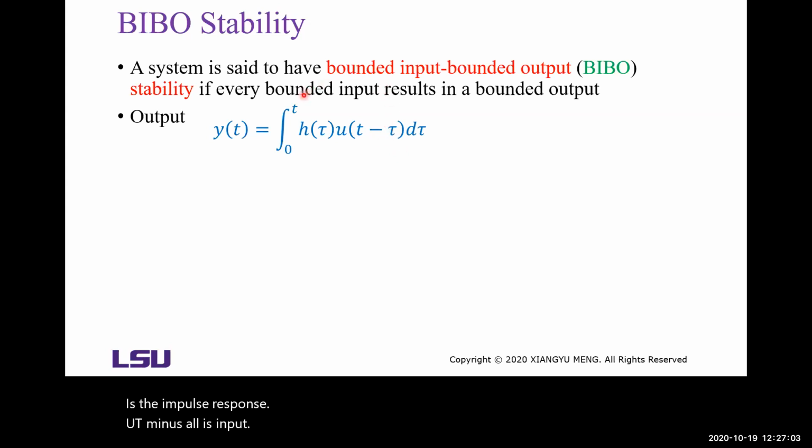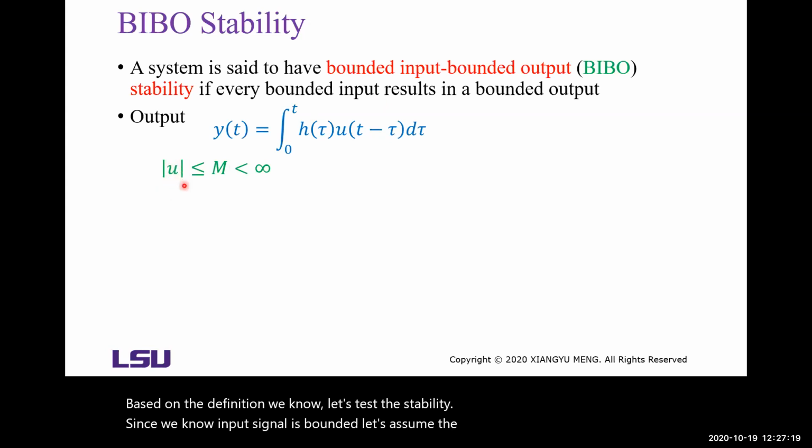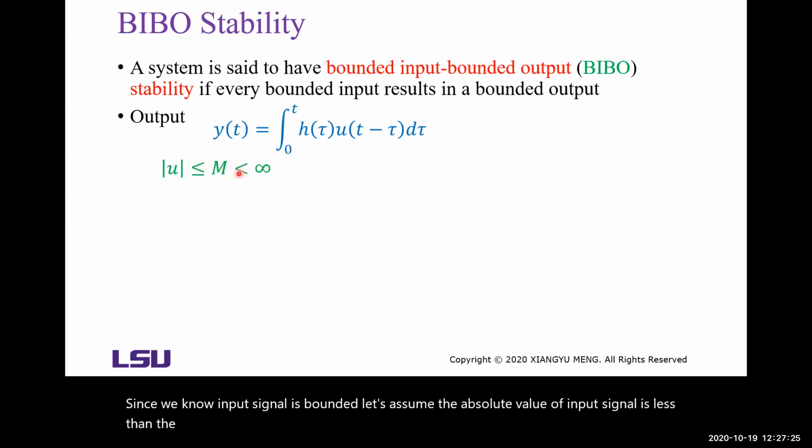Based on the definition, let's test the stability. Since the input signal is bounded, let's assume the absolute value of the input signal is less than a constant M, which is less than infinity. Therefore, the input signal is bounded.